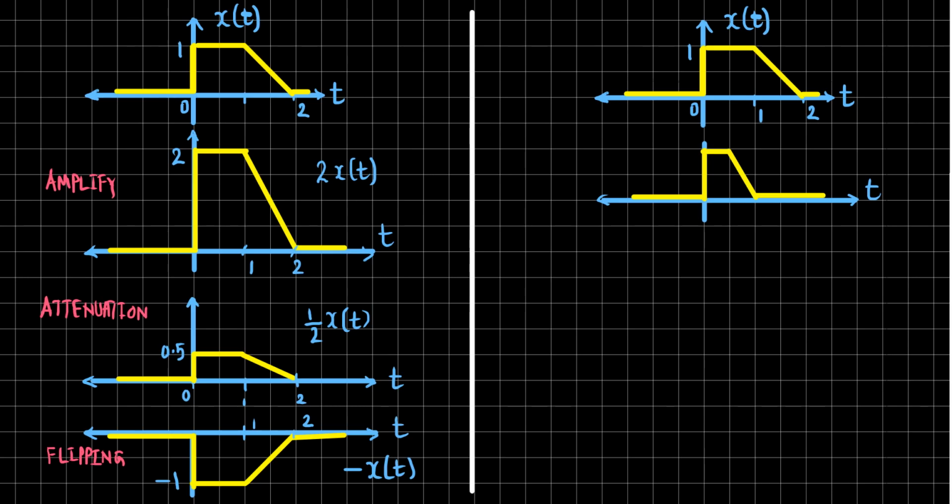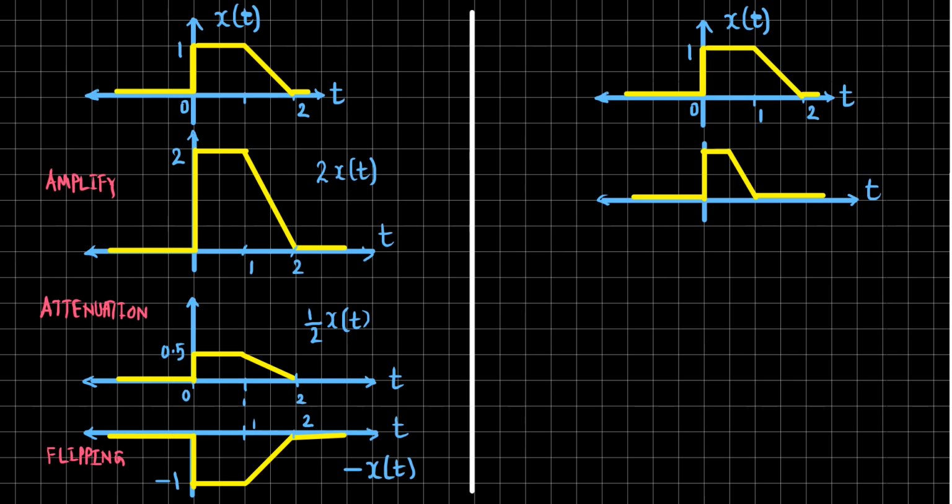But the compression has been done along the independent axis. You may see here that the value that was here, for example, this line, is now compressed like this.